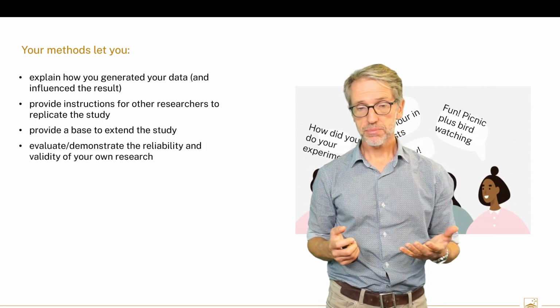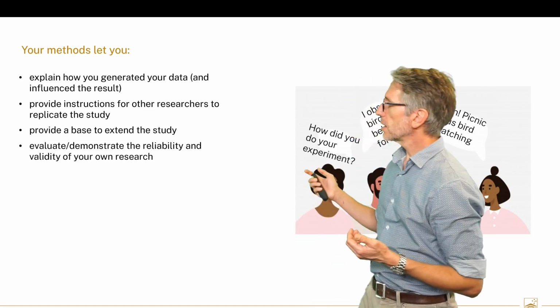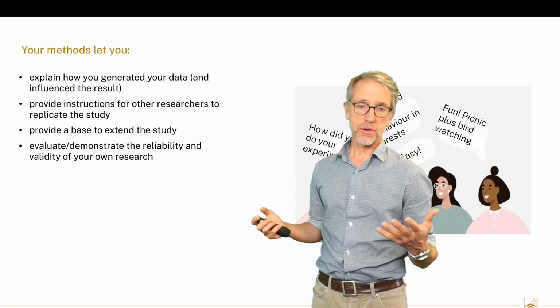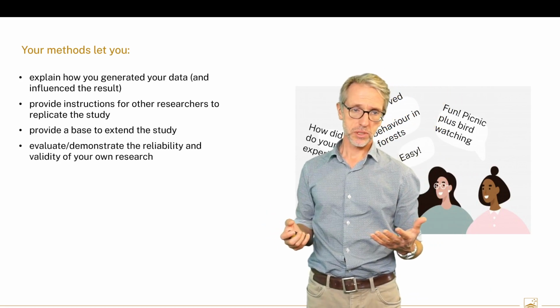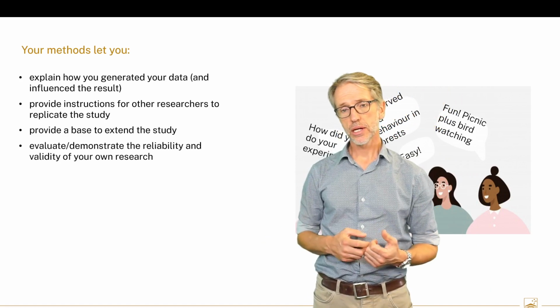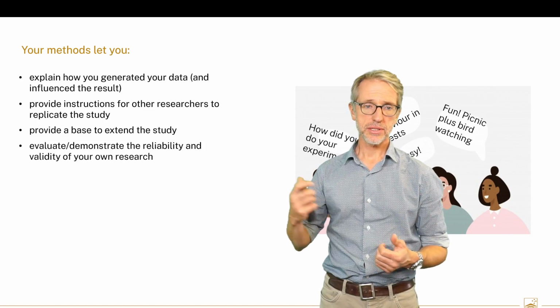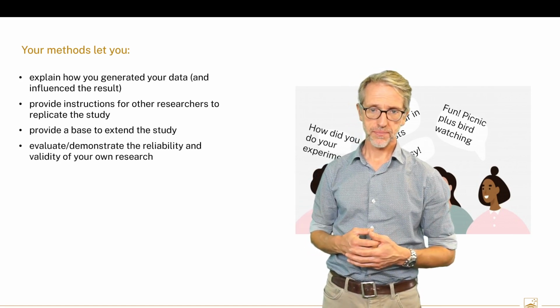Using different methods means that the results are not comparable. So, a method section also provides a very useful basis for subsequent researchers. It provides a basis, if you like, to extend the study that has been conducted into subsequent pieces of work.